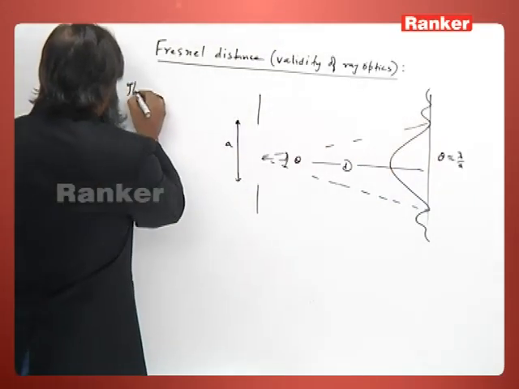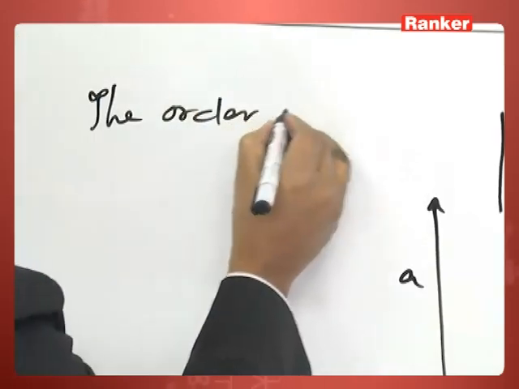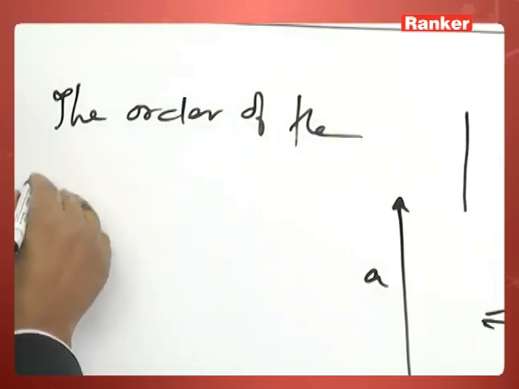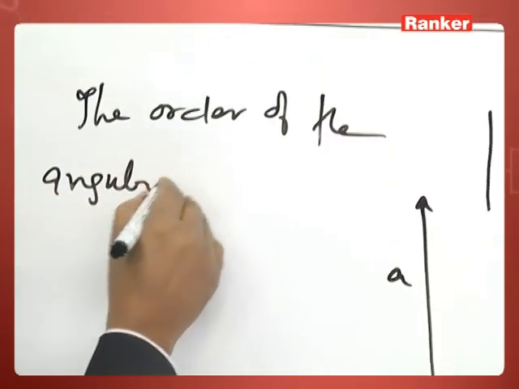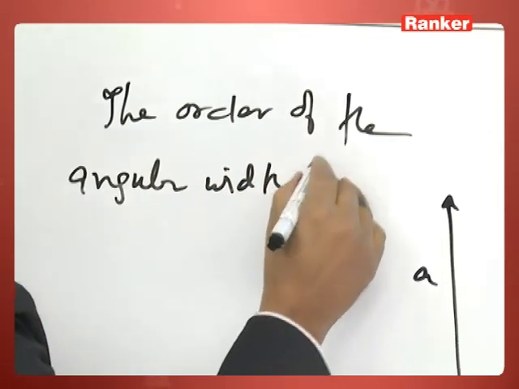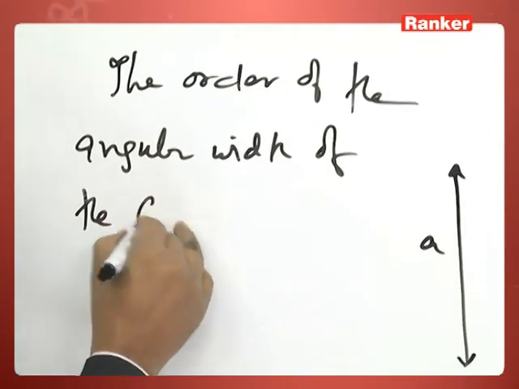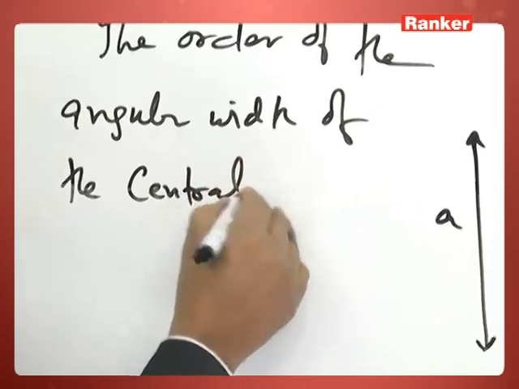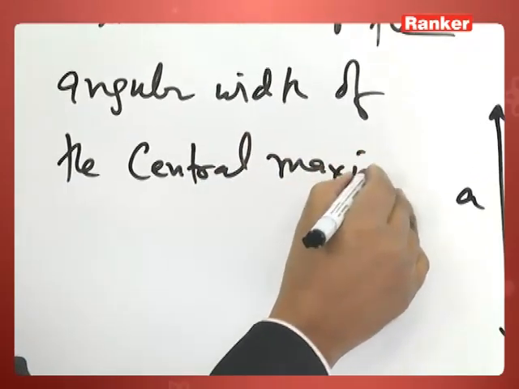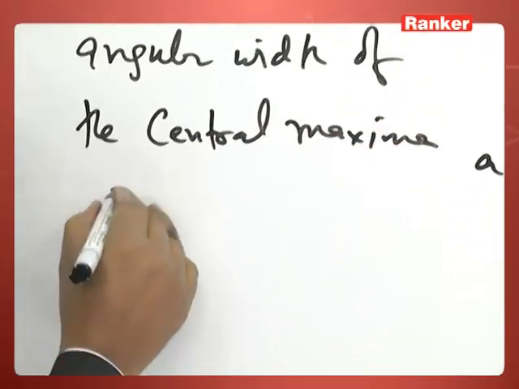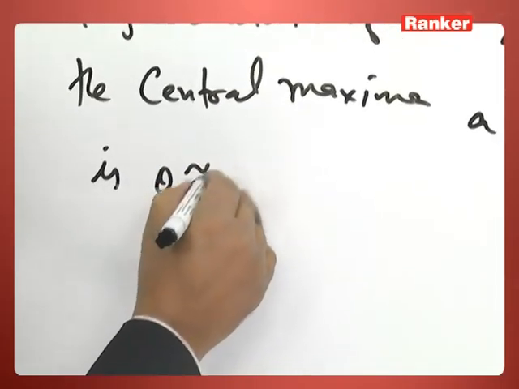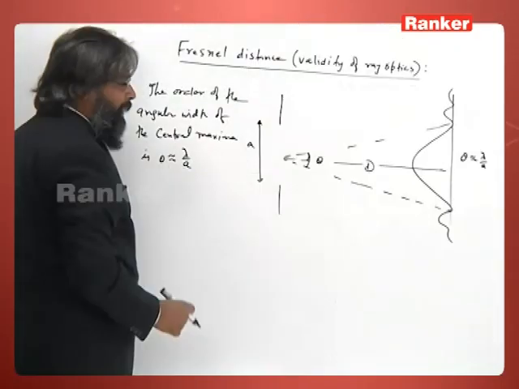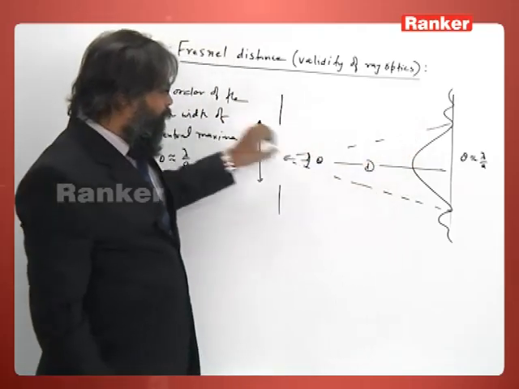The order of the angular width of the central maxima is theta equal to lambda by a. So this whole angle.